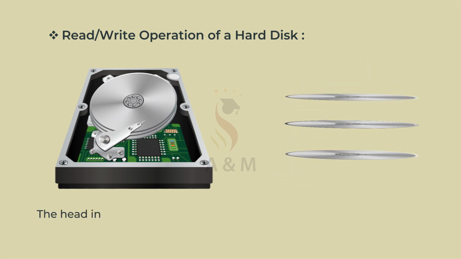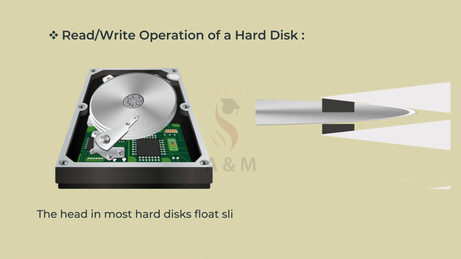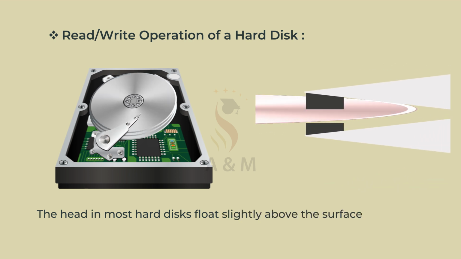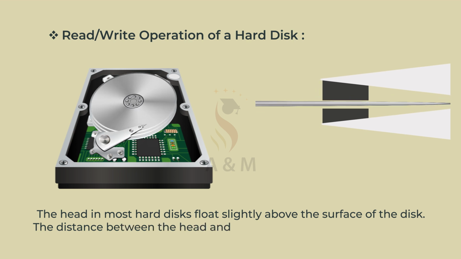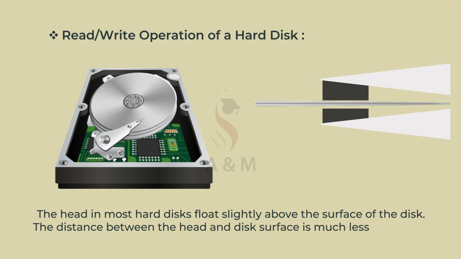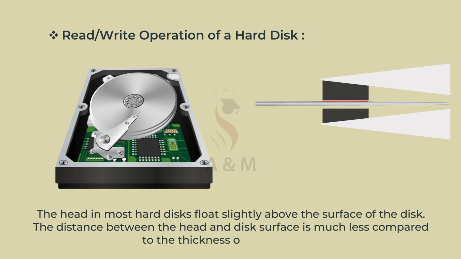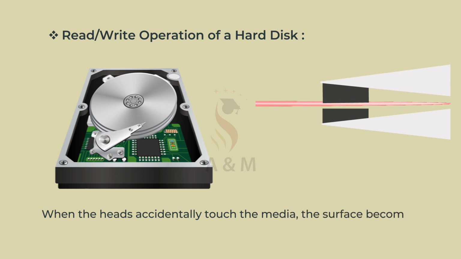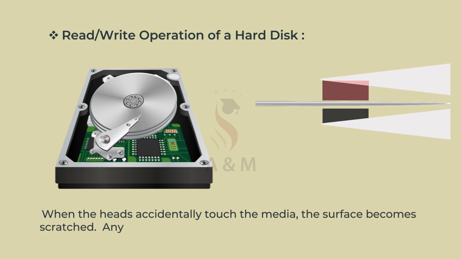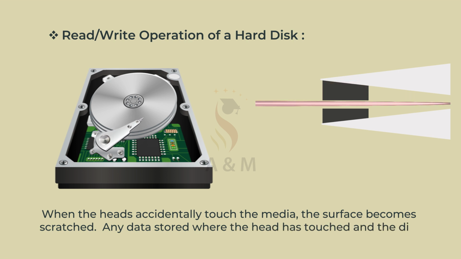The head in most hard disks floats slightly above the surface of the disk. The distance between the head and disk surface is much less compared to the thickness of a human hair. When the heads accidentally touch the media, the surface becomes scratched. Any data stored where the head has touched the disk is lost, this is called as head crash.